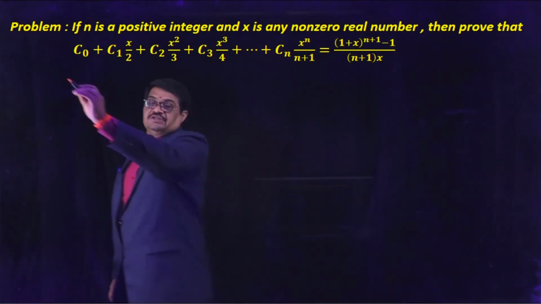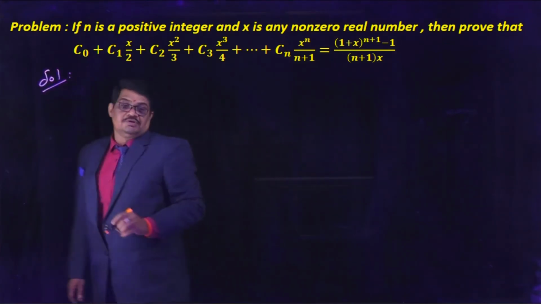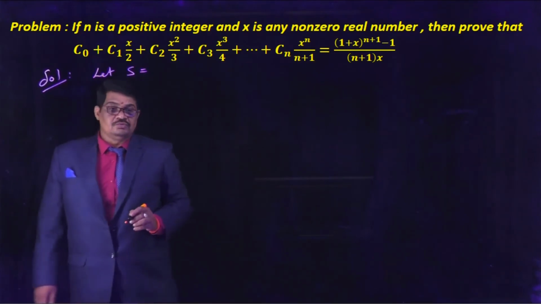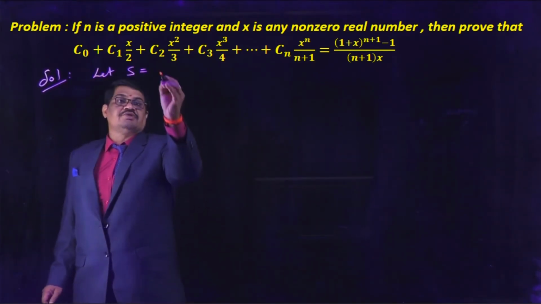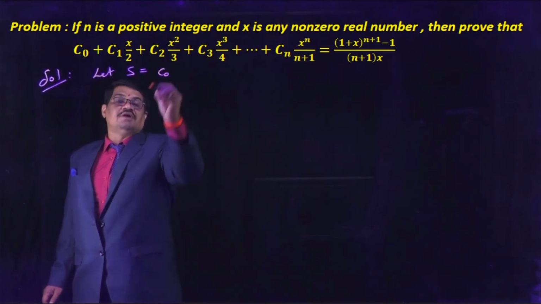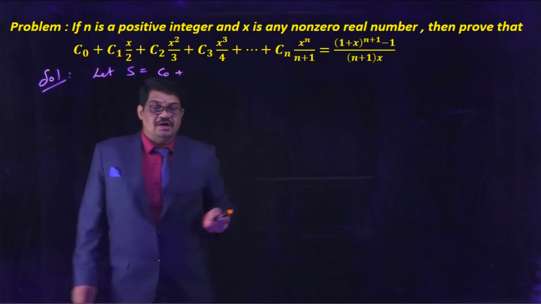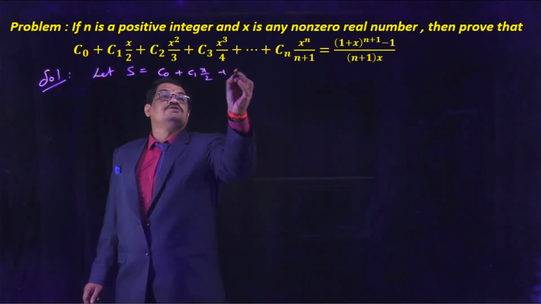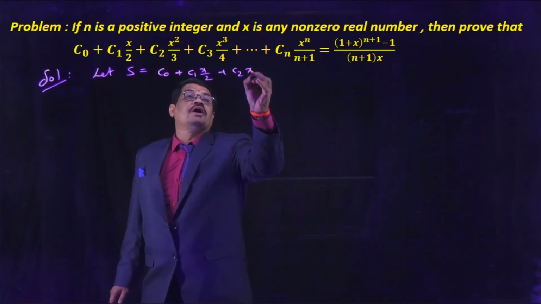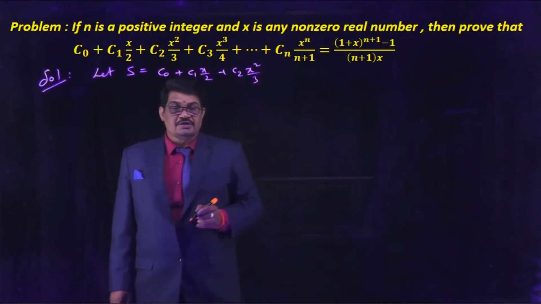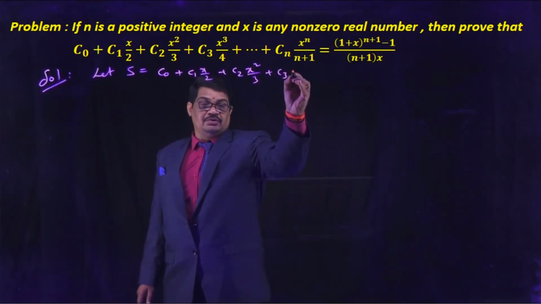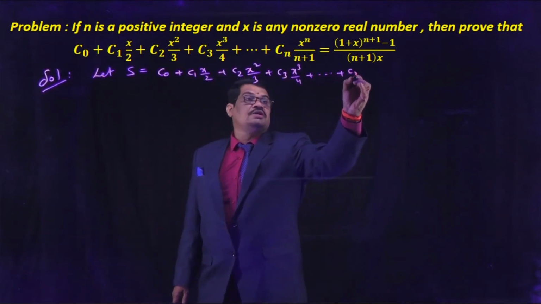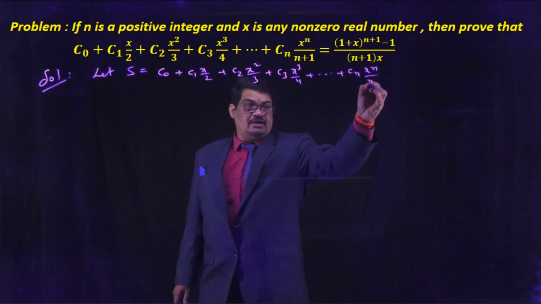See the solution. We take the LHS as s. Let s be equal to C0 plus C1 into x by 2 plus C2 into x square by 3 plus C3 into x cube by 4 and so on, Cn into x to the power of n by n plus 1.